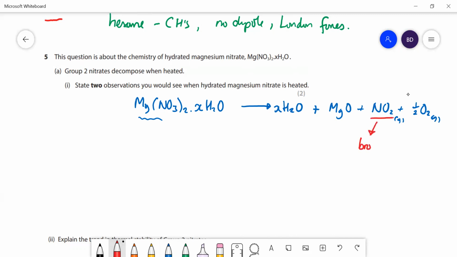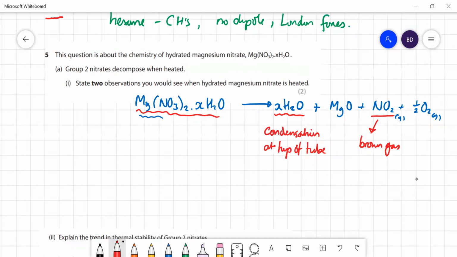So you see a brown gas being given off from the white solid. And what's the second one you see? I think you probably see condensation at the top of the test tube from the water crystallization, or you might see some sort of steam coming off as well.